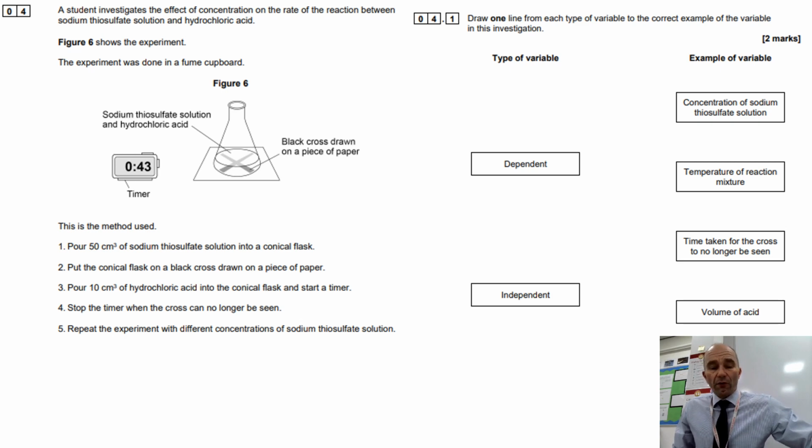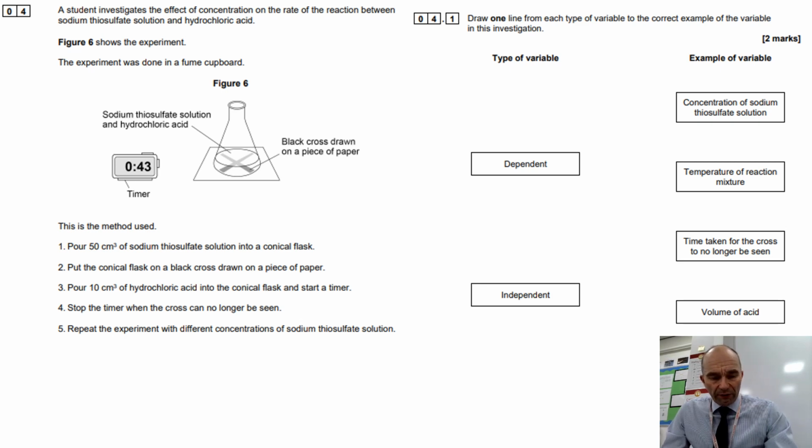Now question 4 is all about rates of reaction, and it's looking at the effect of concentration on the rate of reaction between sodium thiosulfate solution and hydrochloric acid. This is our disappearing cross experiment. Now, if you read through it, you've got the diagram of the apparatus, you've got the method there.